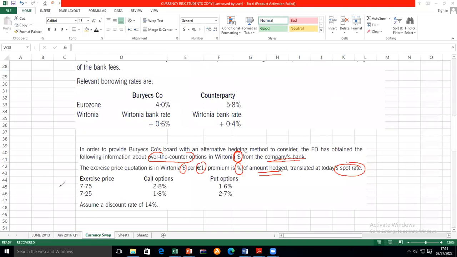So we need to advise. So there are two prices. They say this exercise price, these are Witonian dollars per each euro. So there is a call option and a put option. For that amount that you receive at the end, this amount.